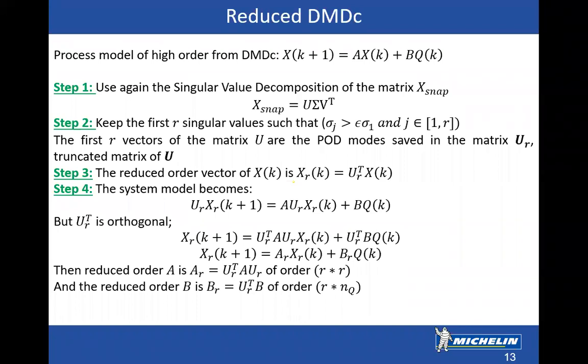And this equation becomes x_{r,k+1} is equal to A_R x_{r,k} plus B_R q_k. A_R is the reduced order matrix A, U_R transpose A U_R, and now it's of order R by R. And B_R is equal to U_R transpose B, of order R by n_q. So we've reduced the order from n_x to R, combining both the DMDC and the POD.